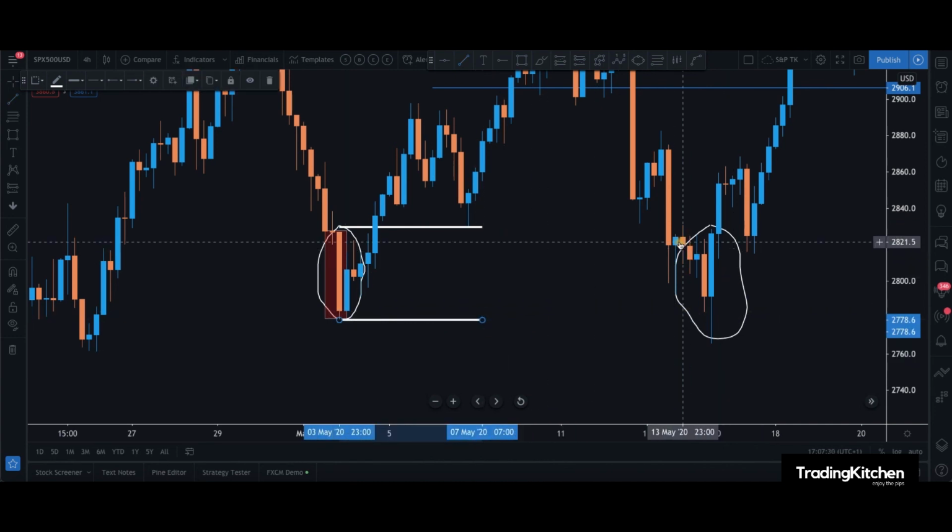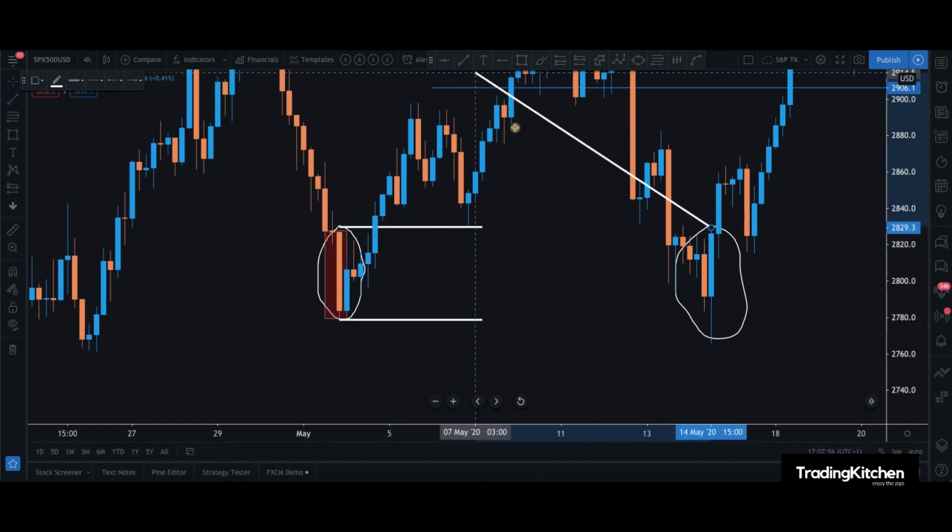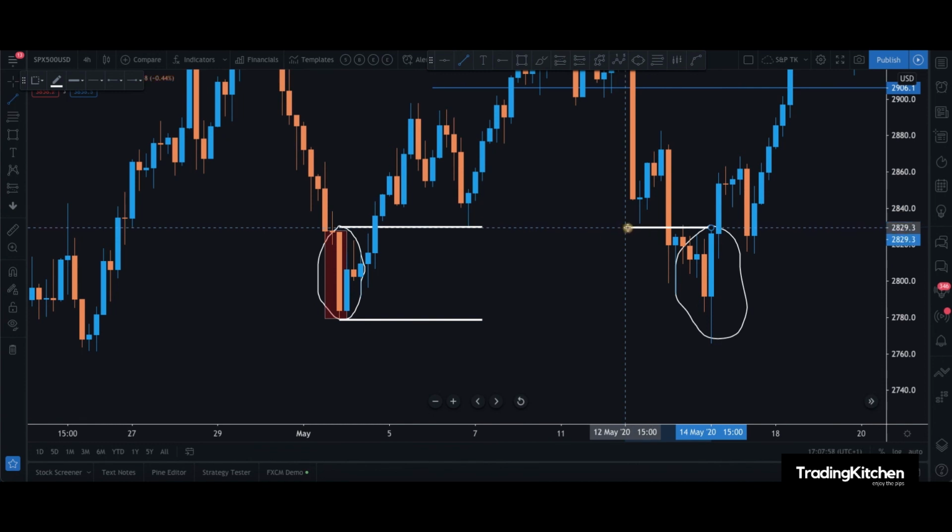Vice versa for the outside bar: the high is higher than the preceding bar, and the low is lower. They both indicate a trend change.